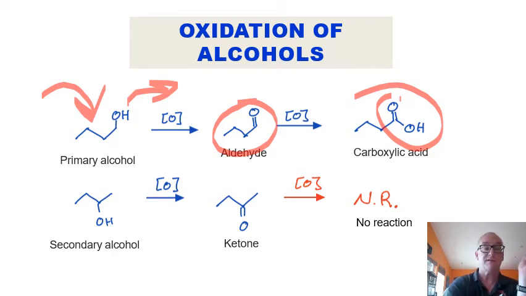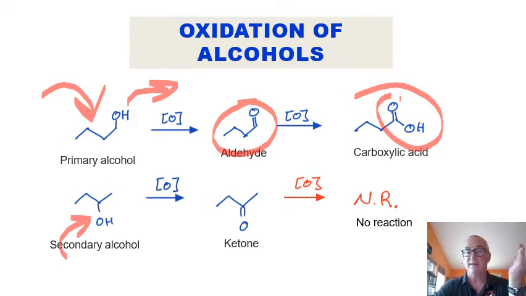Now, when you have a secondary alcohol, so the OH group is no longer at the end of the molecule, and we oxidize that, we get the same reaction where the hydrogen leaves, and then those electrons get shared with the carbon in a double bond. But instead of an aldehyde this time, we get a ketone. Why?